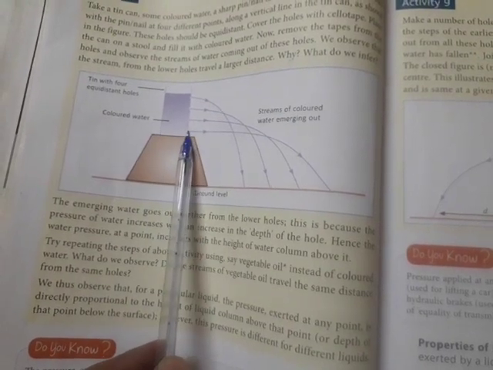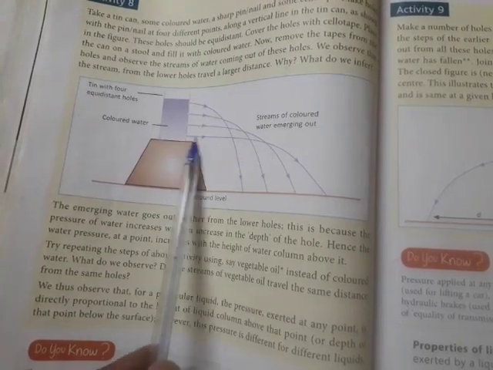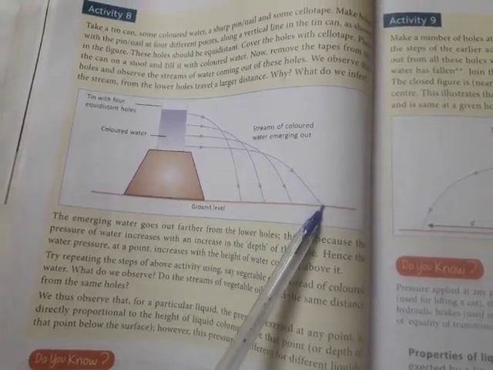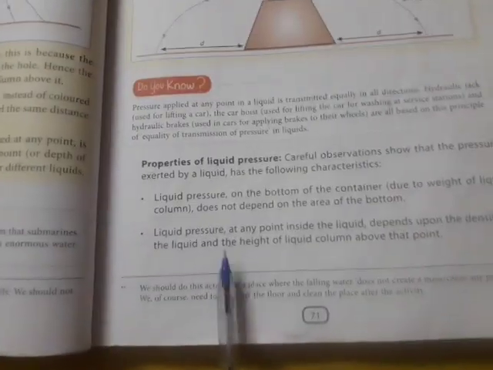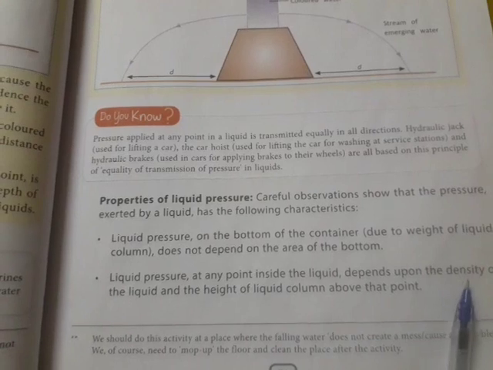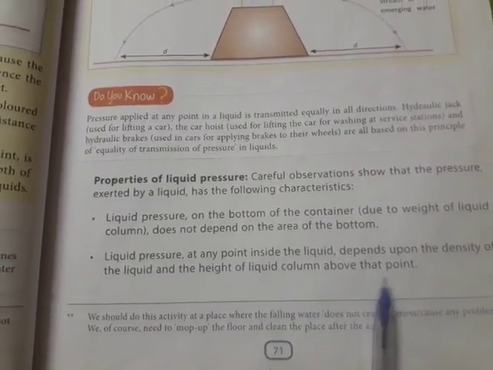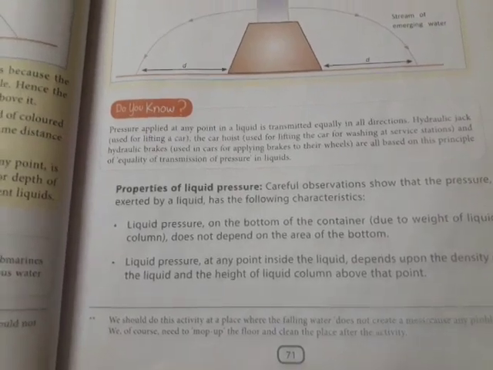So here the liquid pressure is highest, and that's why the water travels up to this longest point. So we have two points: liquid pressure depends on the density of the liquid and the height of the liquid column above that point. Next, liquid exerts pressure on all the walls.